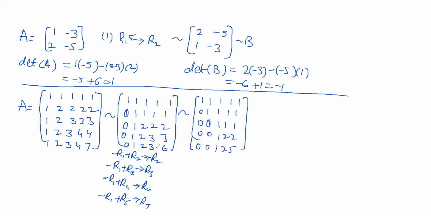So you can see that this value 7 has changed to 6 and then to 5.